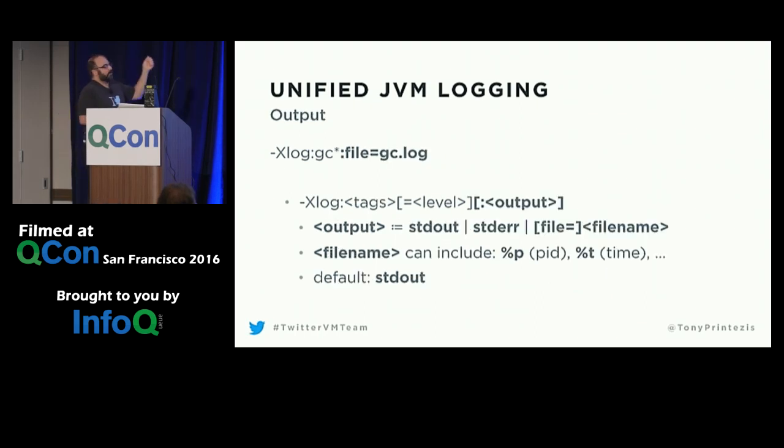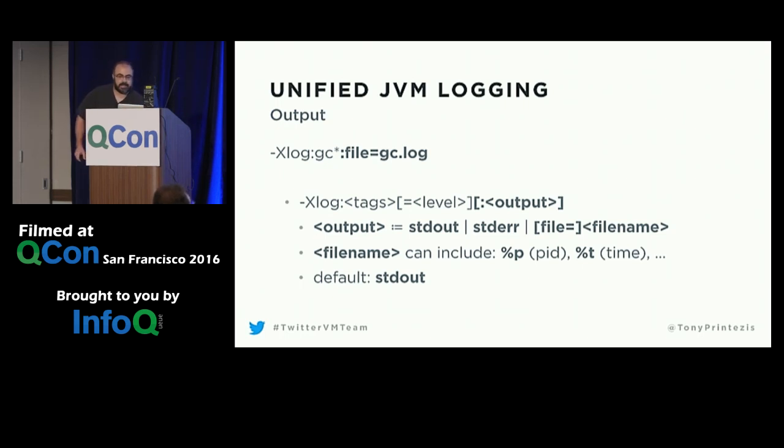So apart from deciding which tags you're going to enable and at which level, you can also decide where to send the output. So after the tag and level options, you can add the output option, which is colon, and then it's either stdout, stderr, or file equals and a file name. And you can omit the file equals if you want to.